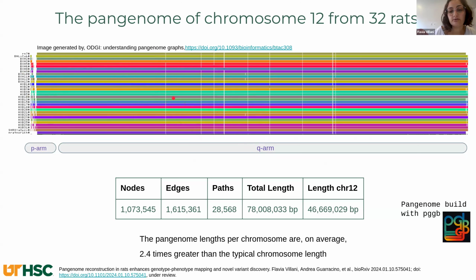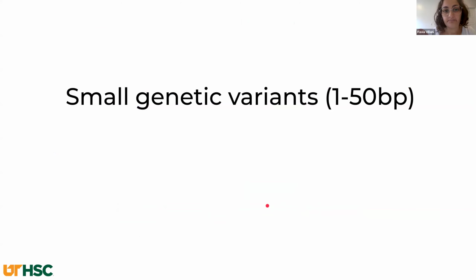What I want to show is that the length of the pangenome graph is larger compared to the real length of chromosome 12. This happens because with the pangenome, we are able to see and capture all the diversity that we have and a lot of new variations.